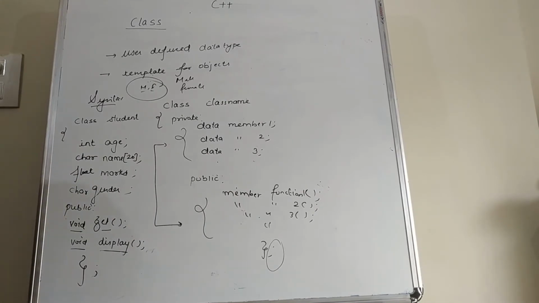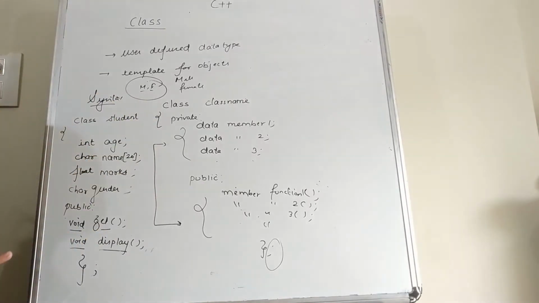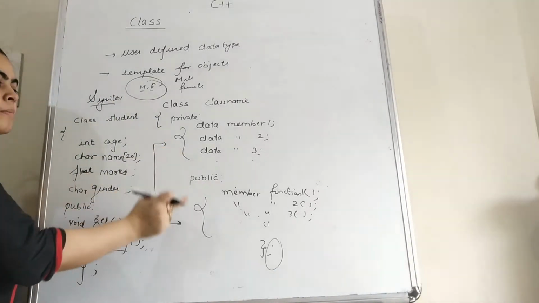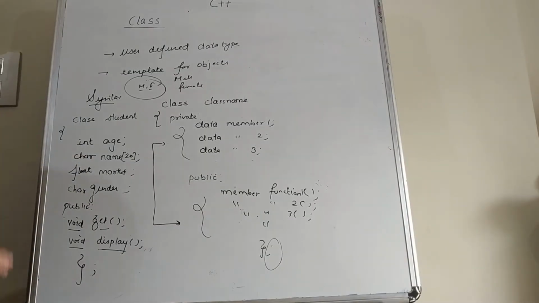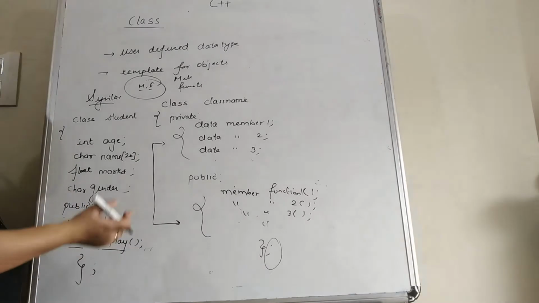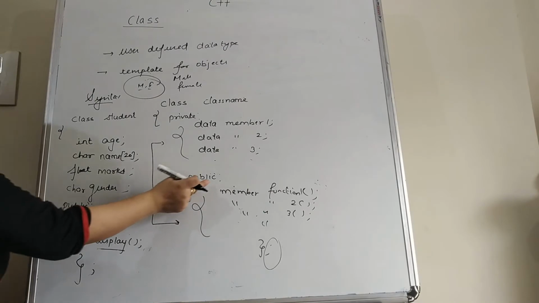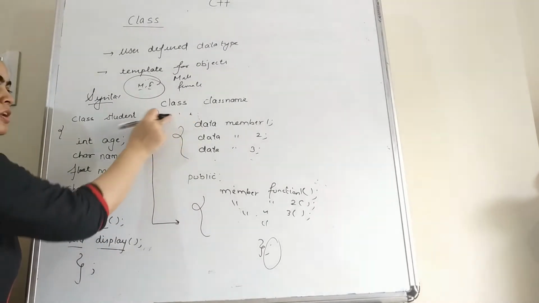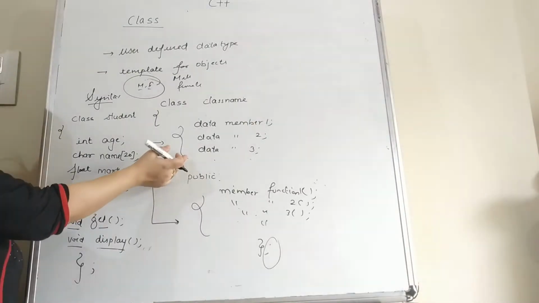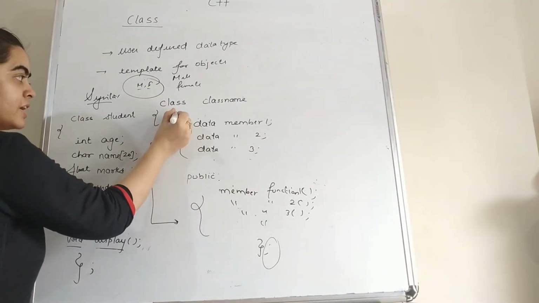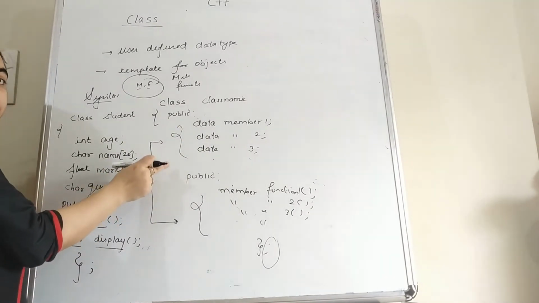Now students, here again one important thing: by default all the data members and the member functions of a class are private. If you want to declare the member functions or data members of the class as public, then you have to write like this. Okay students, if you are not writing private here, that means by default these data members are private. But if you are writing here public, that means now these data members are no more private in nature.